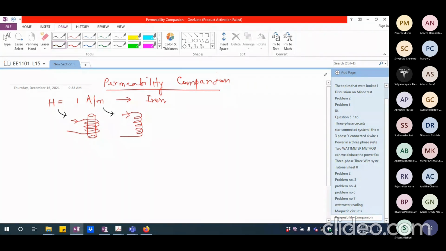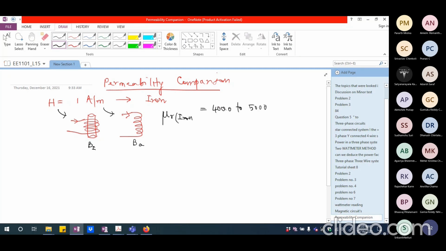If I compare the two flux densities that are created, that is B of iron versus B in air, that is what is the relative permeability. So relative permeability of iron could be as high as 4,000 to 5,000 times that of air.